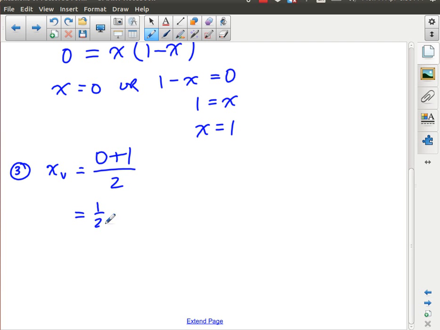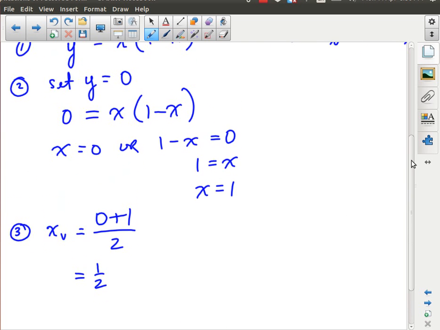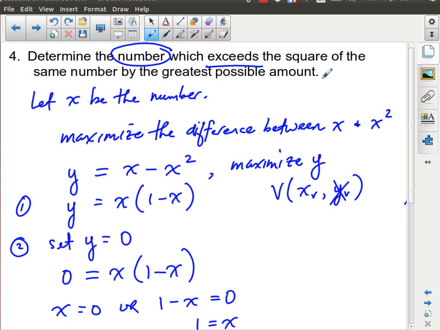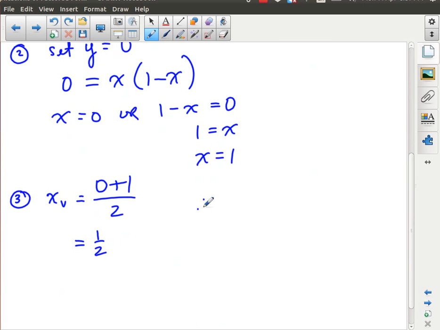So we just end up with a half. And the question doesn't actually want to know what the maximum possible amount is. We just want to know the number. Therefore, the number is 1/2. We found the number. We don't need the y-coordinate of the vertex.